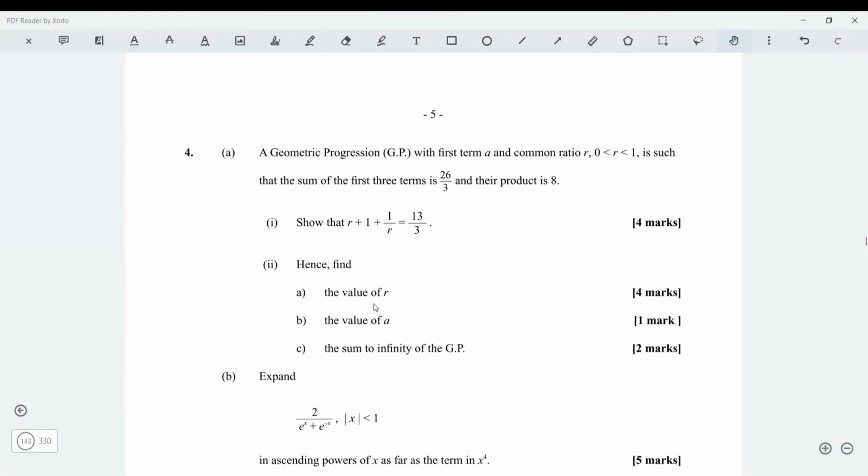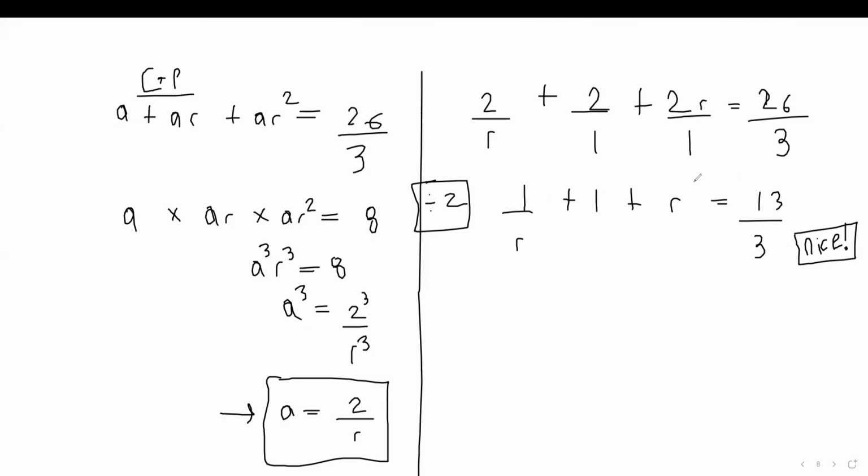It says now, hence find the value of R. Once you reach here, it's easy to find R, we just solve this equation. I'm going to multiply through by 3R because I want to get rid of any fractions. Multiplying through by 3R, we get 3R over R is 3, plus 3R times 1 is 3R, 3R times R is 3R squared, equal to 13 times 3R, that's 39R.